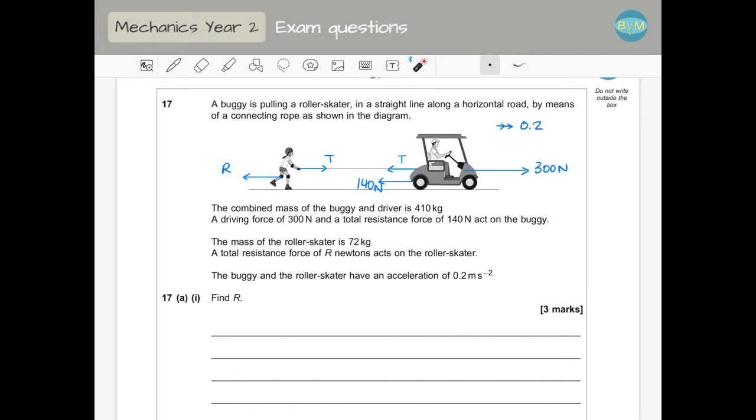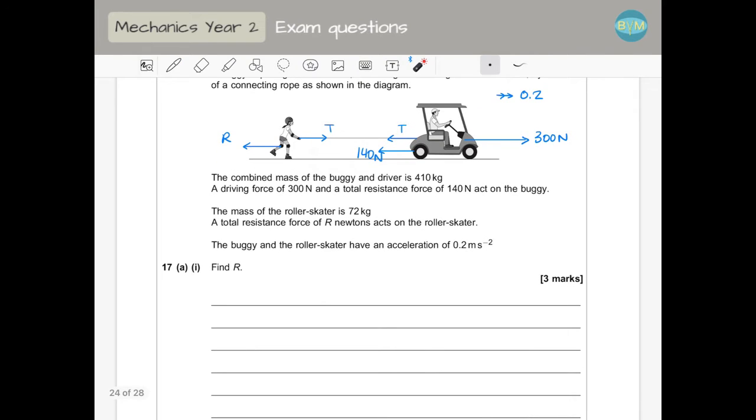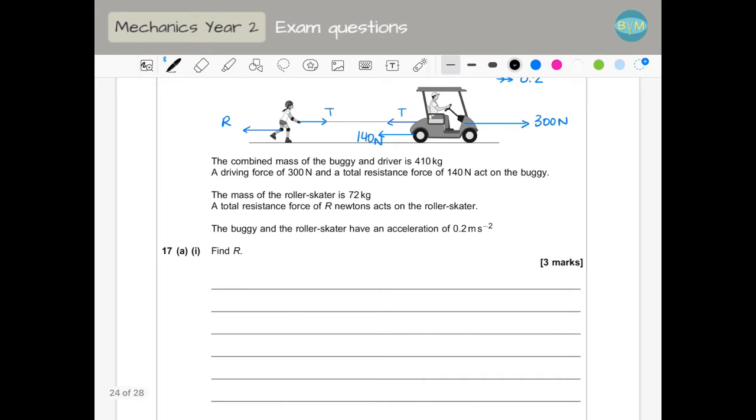And find R. If we don't want to have R in our equation because we don't know it, what we are going to do is put both things together. Remember, when we have connected particles, we can put them together as a single one. So it's like having a particle with a driving force that way of 300 newtons and two forces in the other direction, which are 140 newtons and R. And the new mass is the combined mass of both of them.